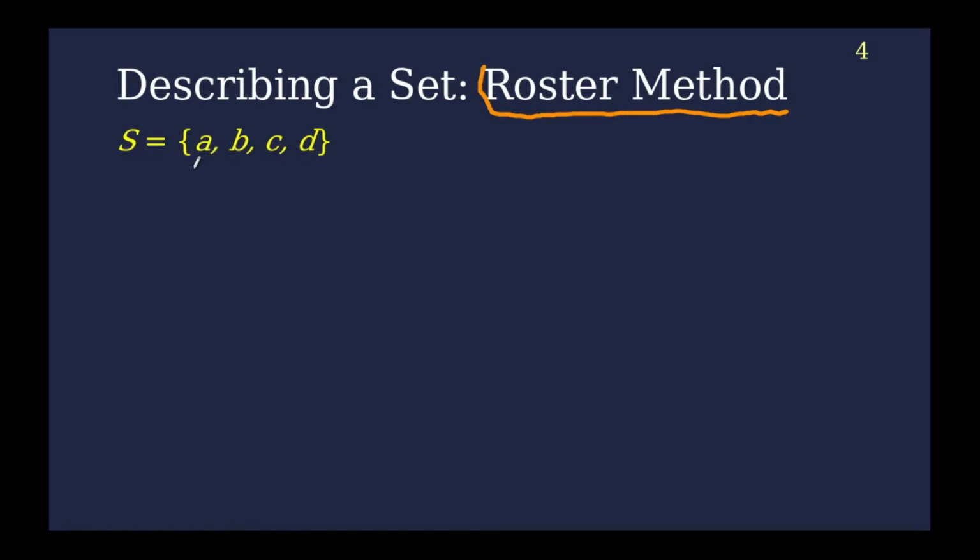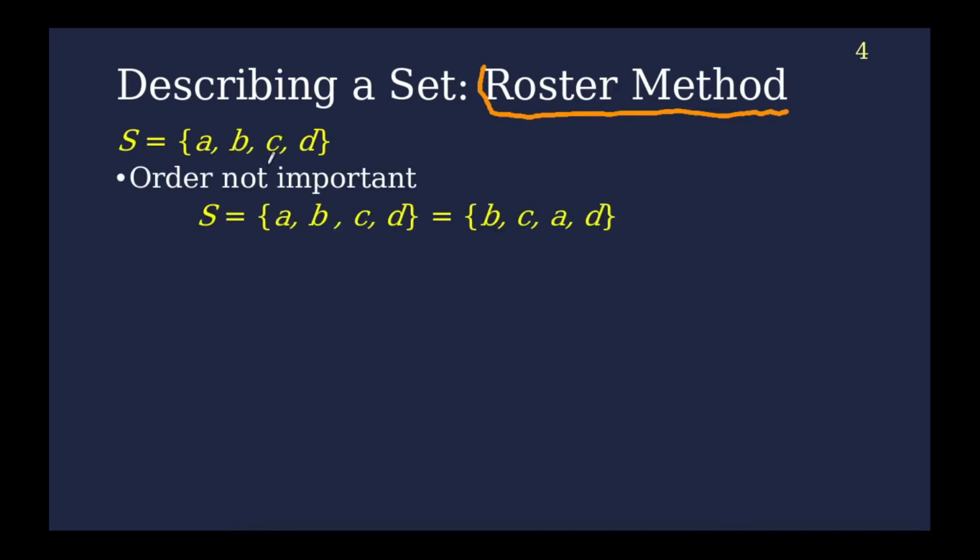So this is a writing method for a set. Here order is not important, as we have said that a set is an unordered collection of elements. So the sets {a, b, c, d} and {b, c, a, d} have the same members in different order, so it will not affect the set. The set is the same.